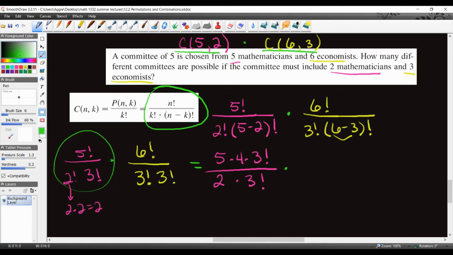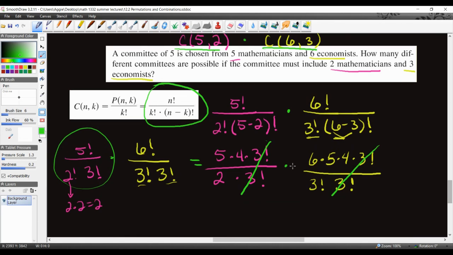Times, okay, 6 goes down to the 3. So 6 times 5 times 4 times 3 factorial over 3 factorial and another 3 factorial. Okay, so I'm going to go ahead and cross things out now. I can get rid of the 3 factorials here and the 3 factorials here.